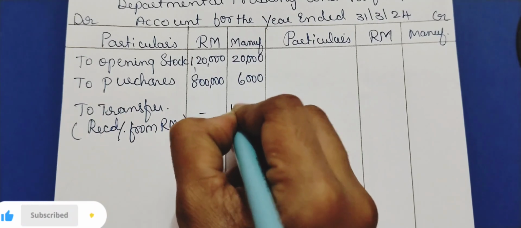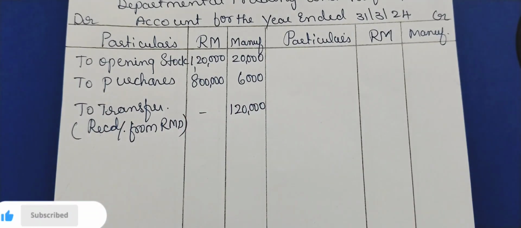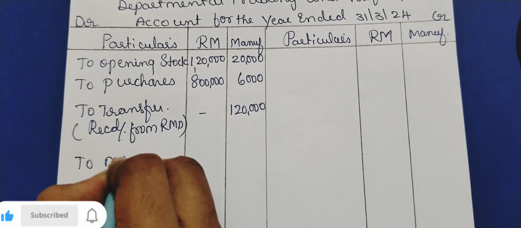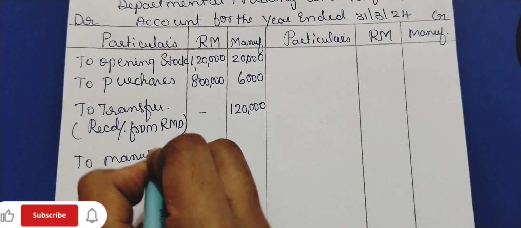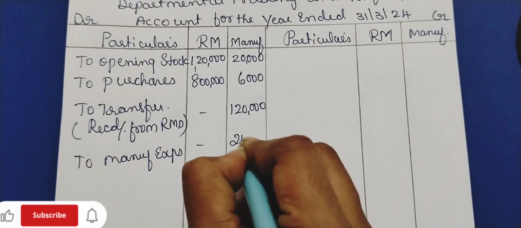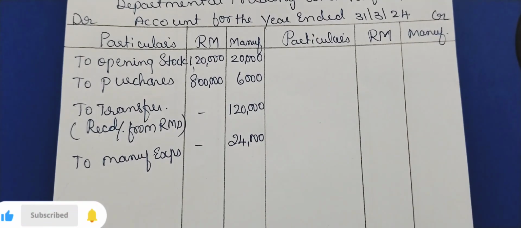How much we have received? 1,20,000. So we have debited. Then manufacturing expenses. Manufacturing expenses are directly given only for the manufacturing department, that is 24,000.